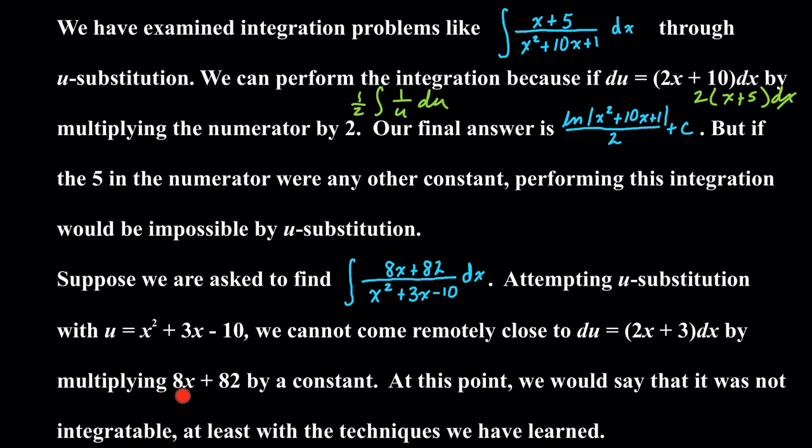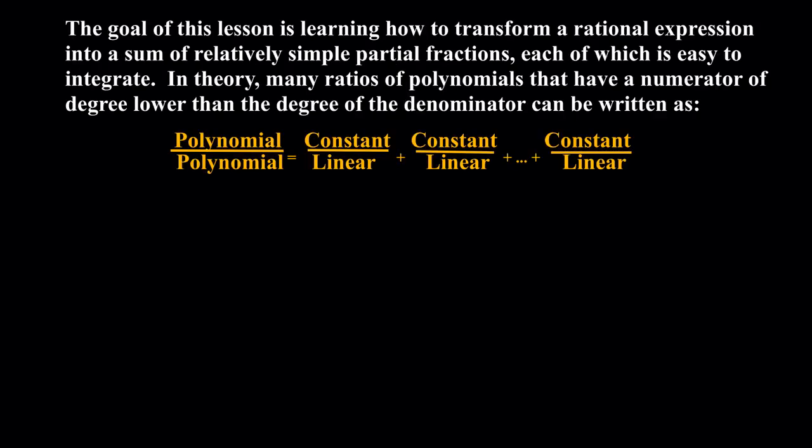By multiplying 8x plus 82 by a constant, it's just not going to work out because you cannot factor out and reduce down to something times 2x plus 3 dx. At this point, we would really say that this was not integratable, at least with the techniques that we have learned so far.